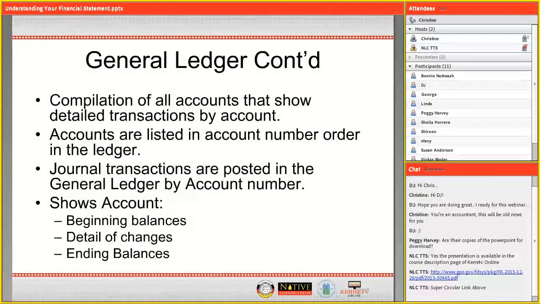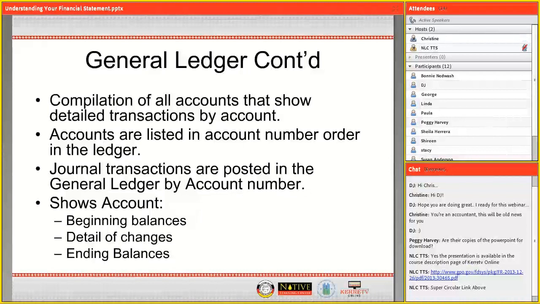The accounts are always going to be listed in account number order in the general ledger. All of your assets are usually first, and they'll usually, not always, but usually start with a 1. Your liabilities usually start with a 2.